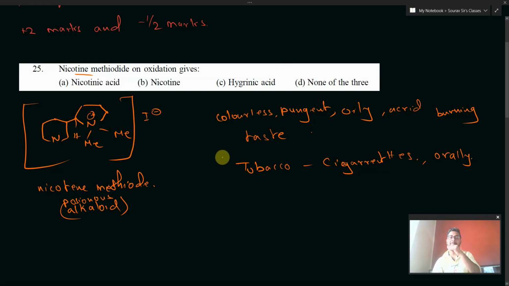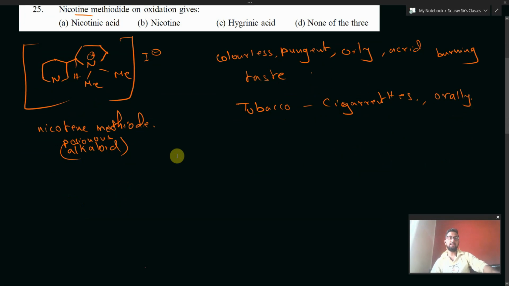So the structure of nicotine and a short introduction to nicotine are done. Now let us look at the oxidation that this nicotine methiodide derivative would go through.